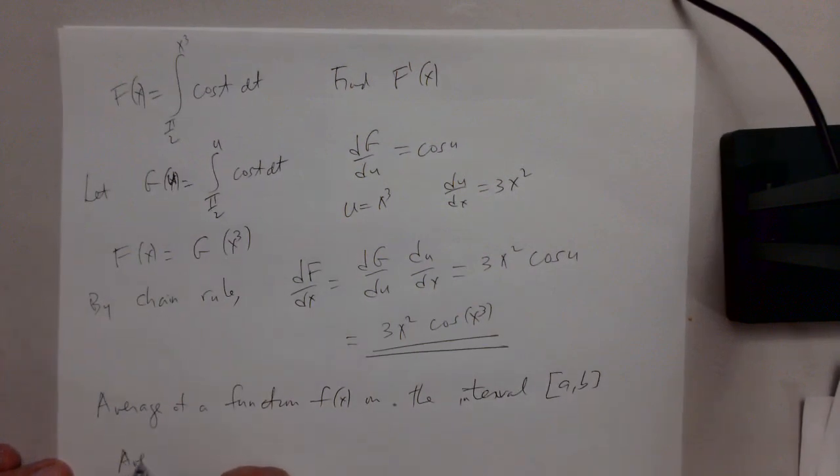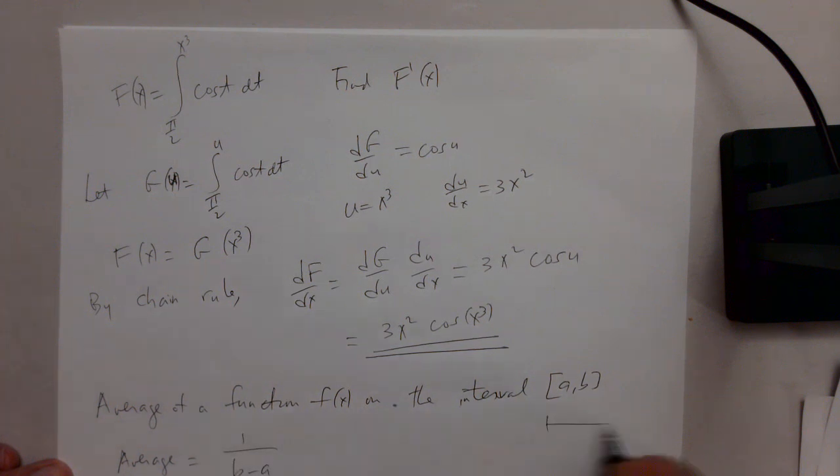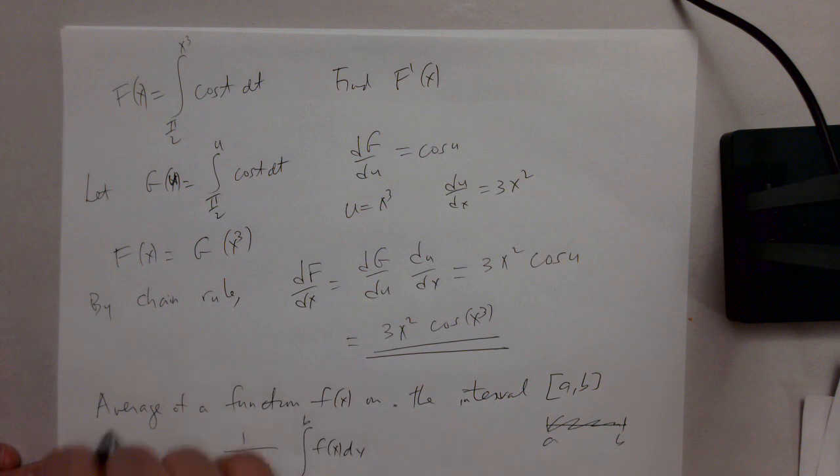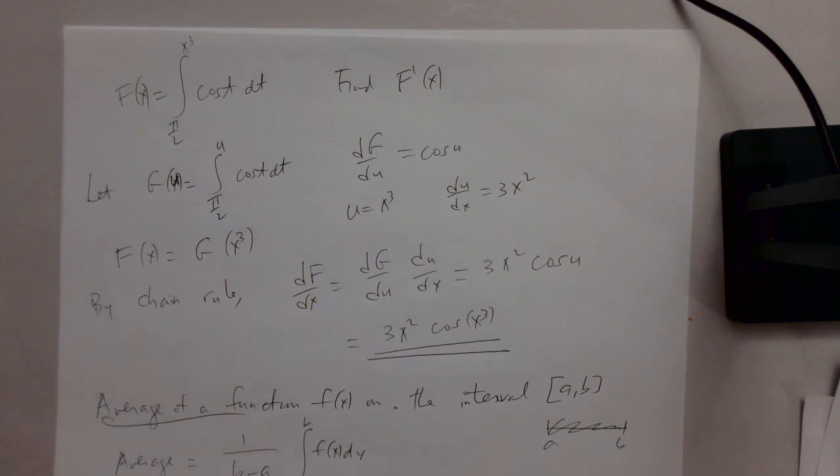The average is defined to be 1 over the length of the interval. When you go from a to b, this distance is b minus a, so it's 1 over the length of the interval times the integral from a to b of f of x dx. And the average value of a function is something that we will use several times in Math 176.